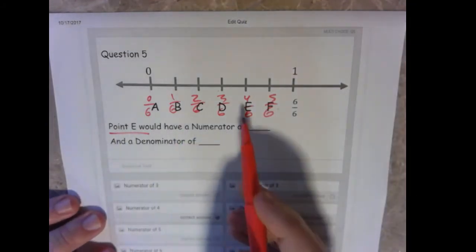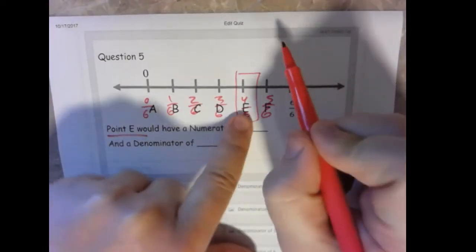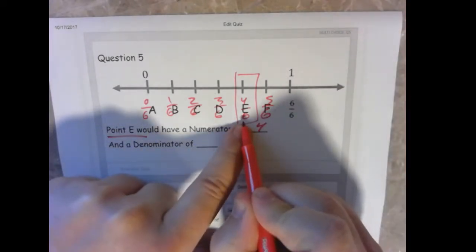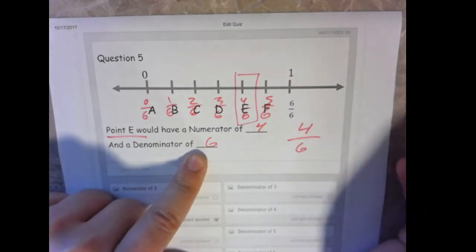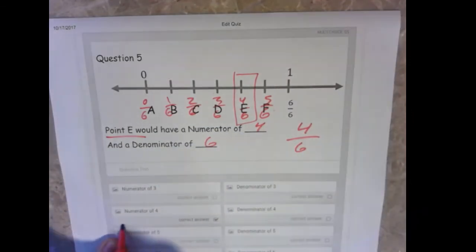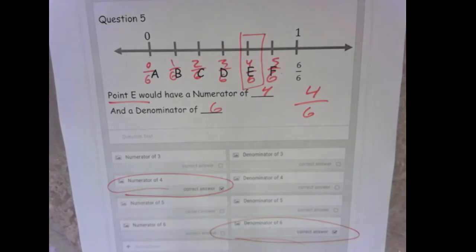So point E would have a numerator. Okay, we're talking about point E here. So numerator is the top number, so that's going to be 4, and a denominator of 6. So we can represent it as 4/6, or numerator 4, denominator of 6. So numerator of 4 and denominator of 6 is actually what we are looking for there.